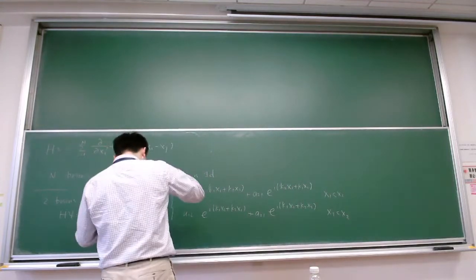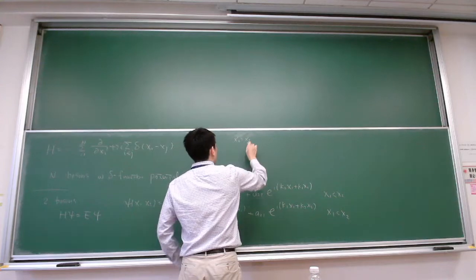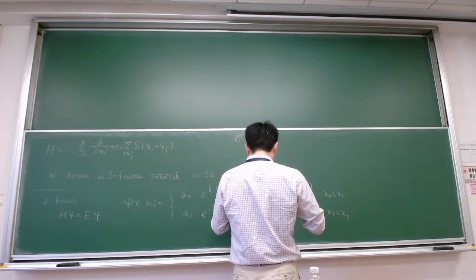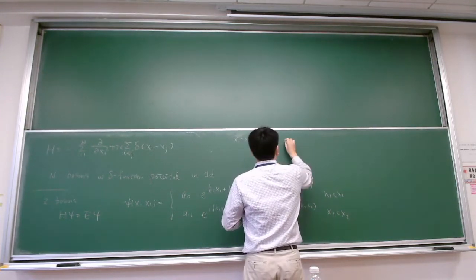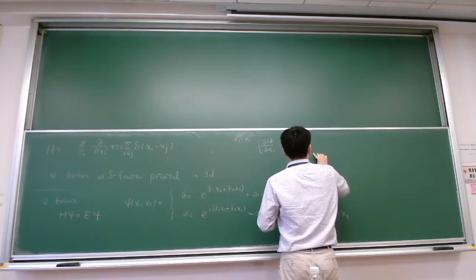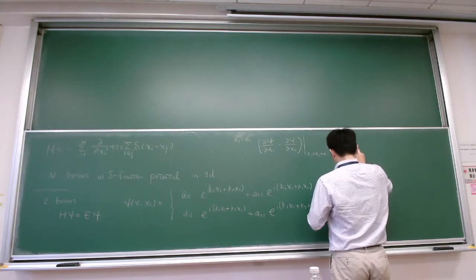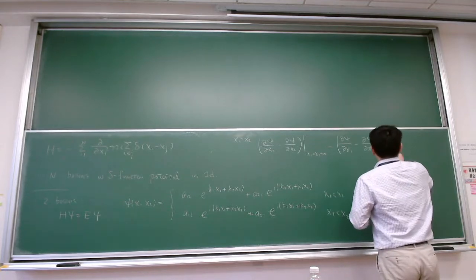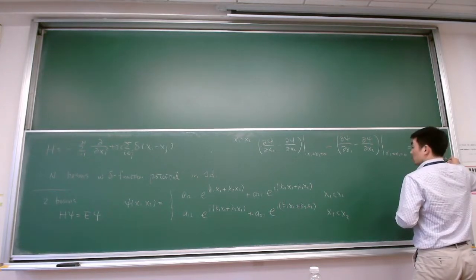And if you do the integration around x1 equal to x2, then the equation of motion says that the psi function at x1 minus the psi function at x2, slightly above x2, minus the psi function slightly below, is equal to 2c psi at x1 equal to x2.